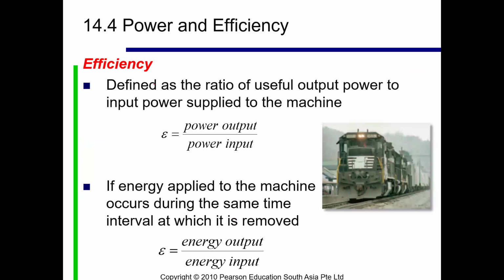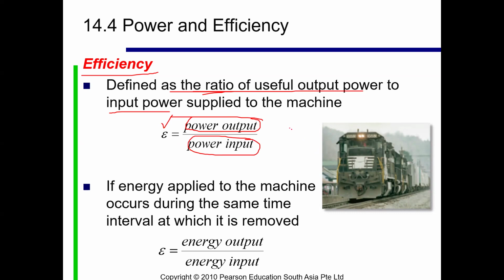Okay, we go to the next concept, efficiency. This is another engineering term that you will see a lot when you are doing calculations. What is efficiency? It is just the ratio of useful output over input power. So if you calculate the output and the input power, this is referred to as efficiency. What do you think?